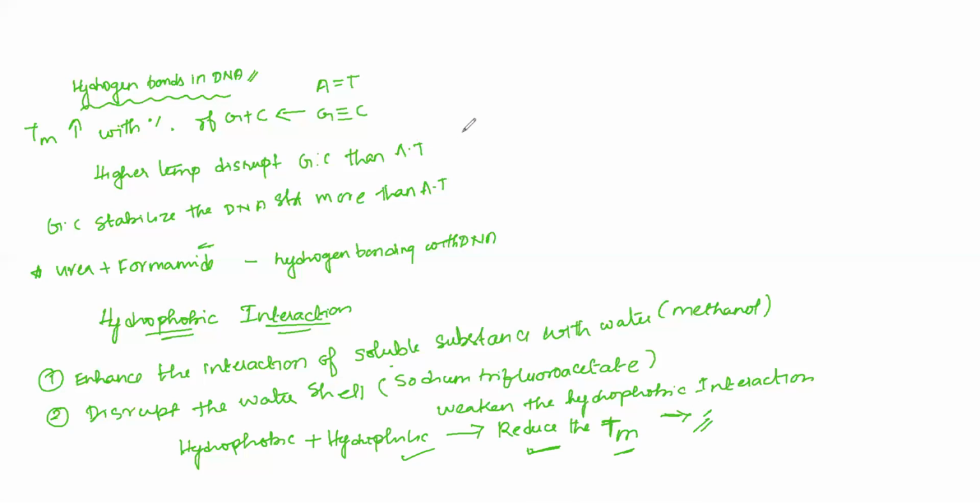So in double-stranded DNA, if you see the structure, let me just write it. You see the portions where the bases interact with each other, right?